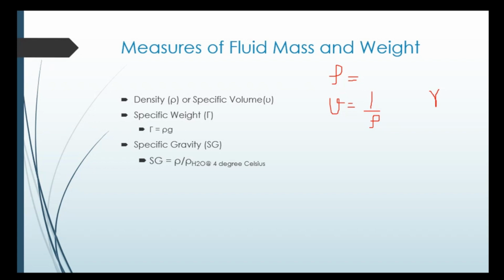Specific gravity will be 1 when you have the density of water, so density of water divided by density of water at 4 degrees Celsius. But 4 degrees Celsius is standard. If you have the density of water at some other temperature, then it will not be equal to 1. All the other fluids will have specific gravity less than 1.